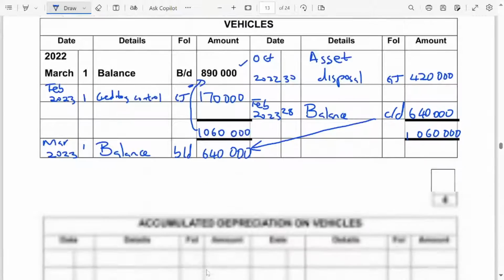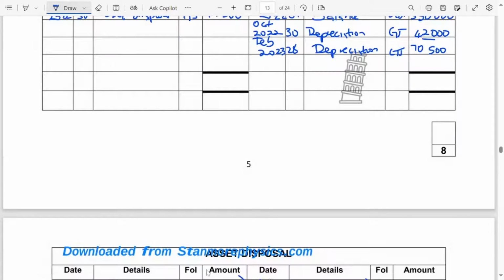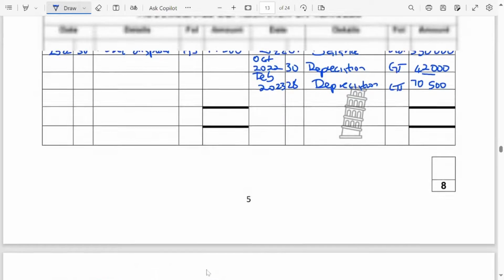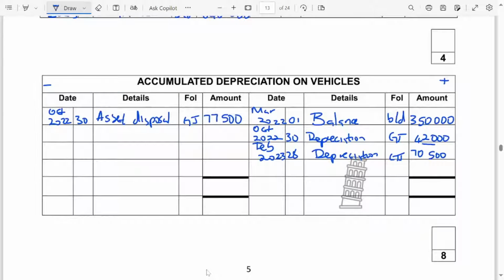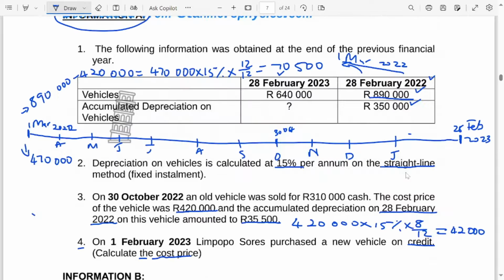Then we come to the accumulated. Now we have to balance it. So you can see that the credit side, that is the bigger side, right? But before we do that, remember, there is a vehicle that stayed for 1 month. This one. The one that was bought on 1 February 2023.